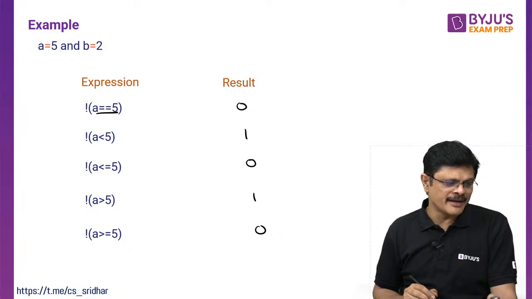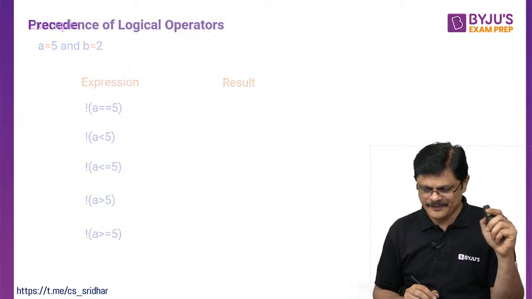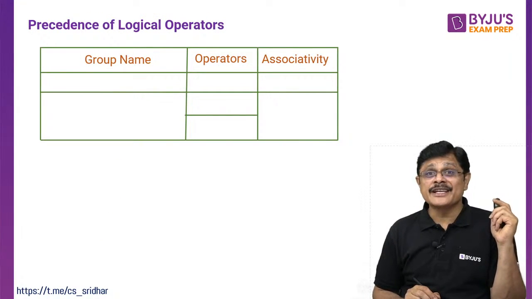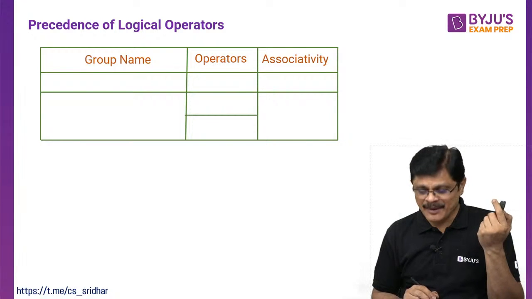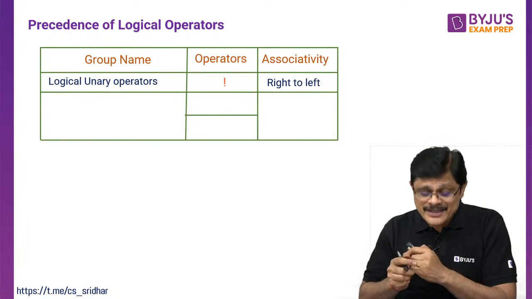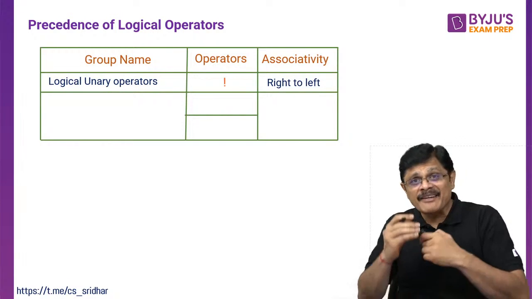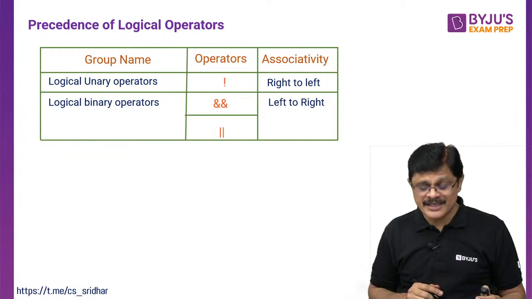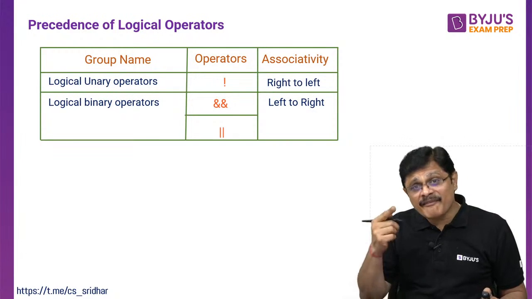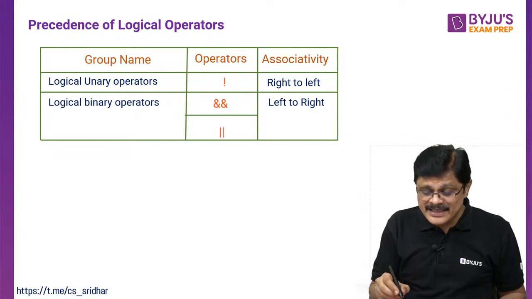Very good, my dear friends. Very, very good. Now see the precedence of this. This is where most people misunderstand. Am I clear? All these logical operators have different orders of precedence. Not has the highest order of precedence, then logical AND, and finally logical OR.